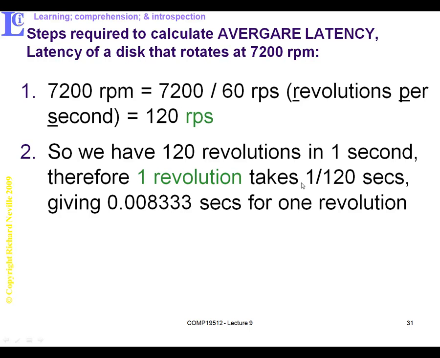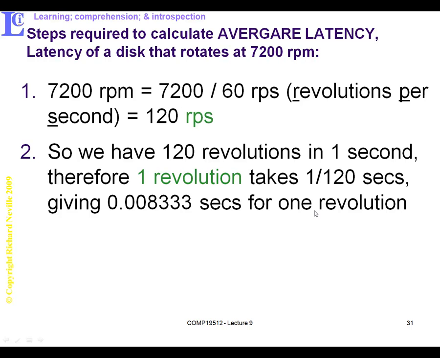We divide 1 second by the number of revolutions. That's 1 divided by 120, and we get that one revolution takes 0.008333 seconds.